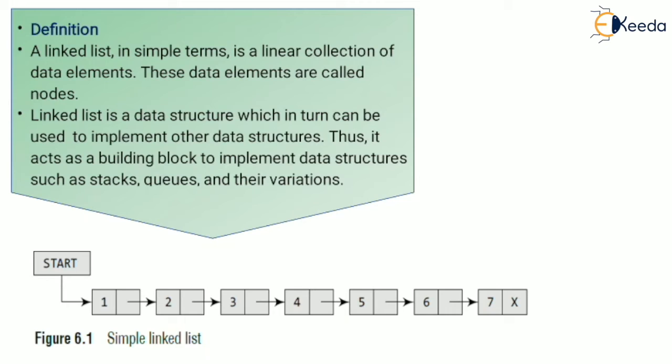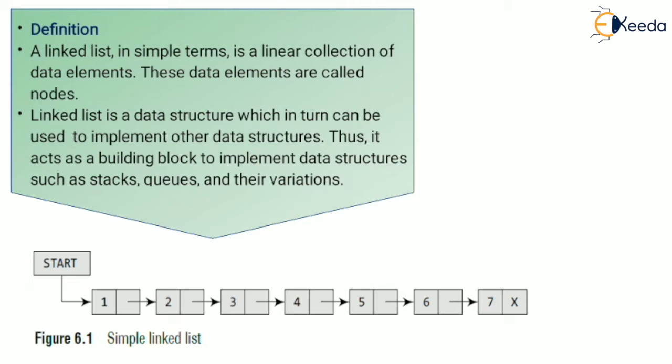One is the data field, and the second is the pointer, which points to the next node. Here we can see a linked list in which every node contains 2 parts. The first is the integer value, that is an element, and next is the pointer, which points to the next node.